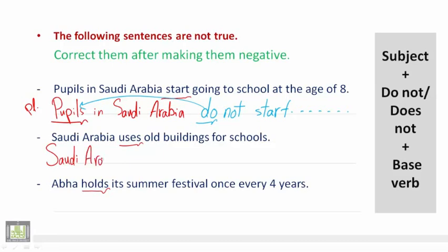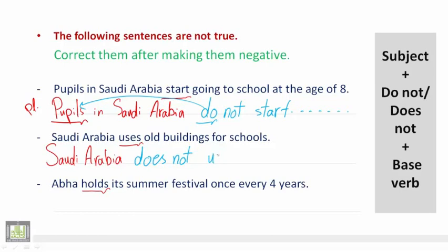Saudi Arabia, because it is singular, the subject is singular, we use does not, and we change the verb which has already taken S into its base form. We return the verb without any additions to its base form.